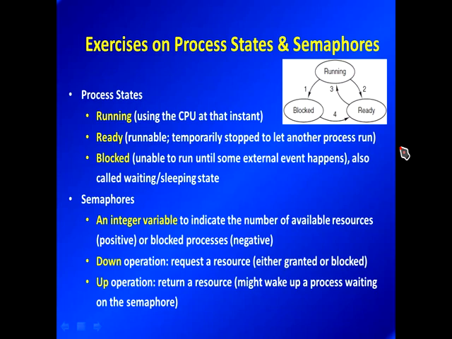About the second topic, the semaphores, we need to know that a semaphore has three parts. The first part is an integer variable, and this integer variable is used to indicate the number of available resources.